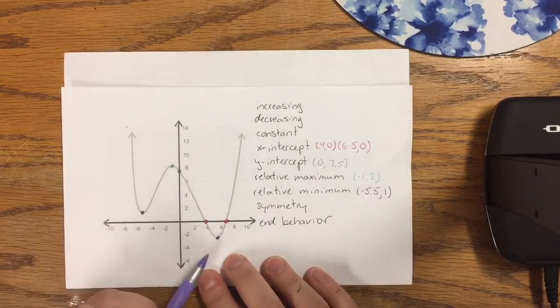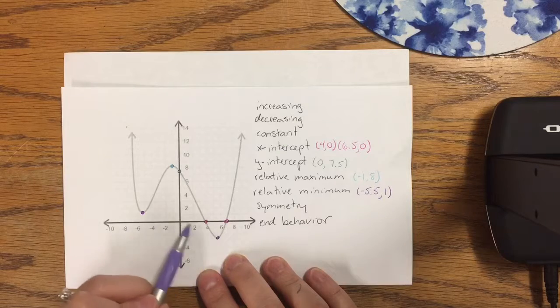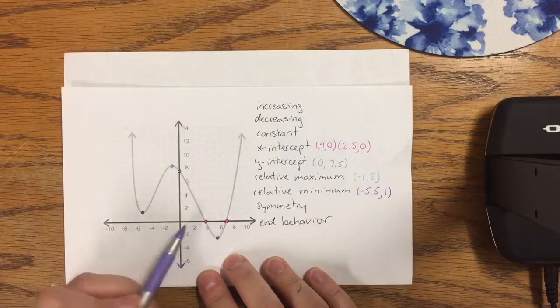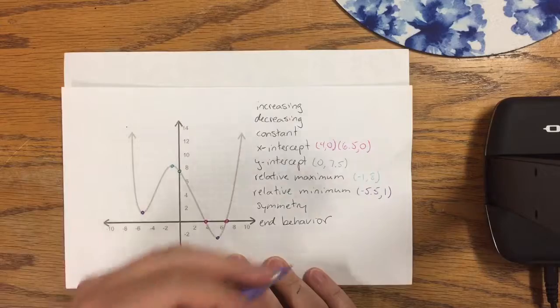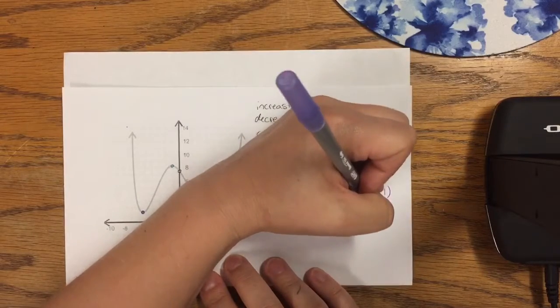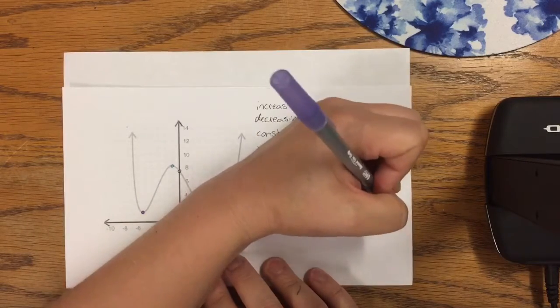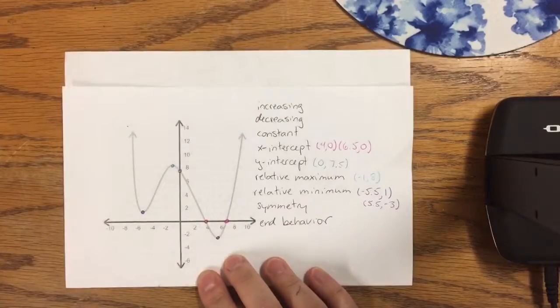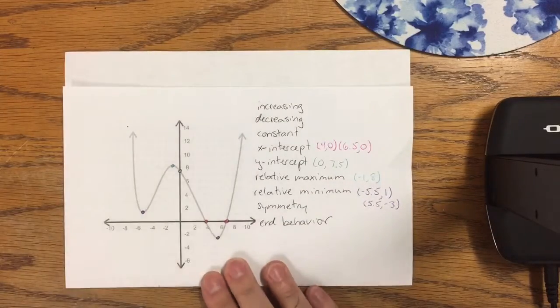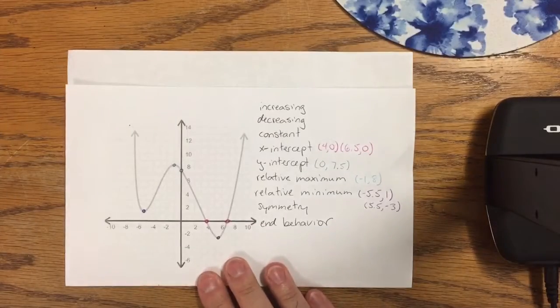And then I have another one over here at, let's see, 5.5, and we'll call that -3. Again, I'm not too concerned about you getting exactly the decimal. If you want to round a little bit, that's okay.